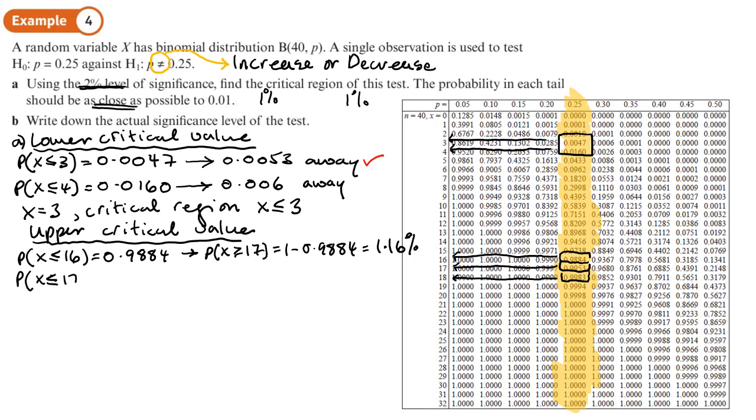X less than or equal to 17 is 0.9953, which is the same as the probability of x greater than or equal to 18, which would be 1 minus that 0.9953. So if I do that, 1 minus 0.9953, my calculator's gone a bit haywire here.